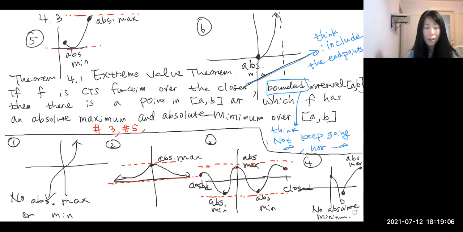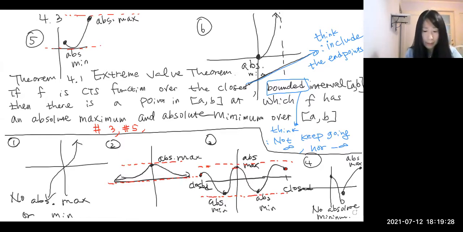Then there is an absolute maximum and also an absolute minimum. Can you see that? They both occur in the graph. Number 2 is not because it's not closed. That's why there is only an absolute maximum in this case, not both. Is it clear? That is the extreme value theorem.